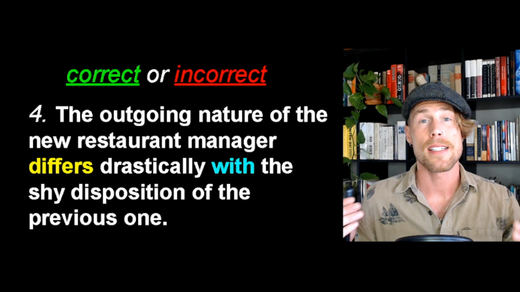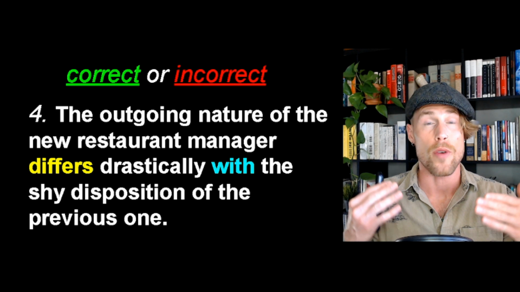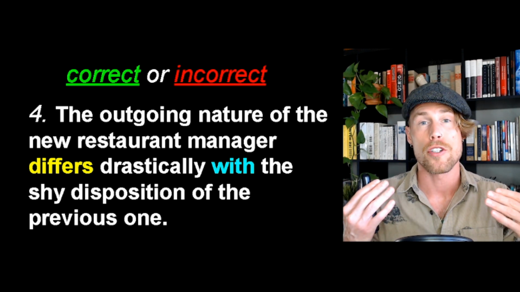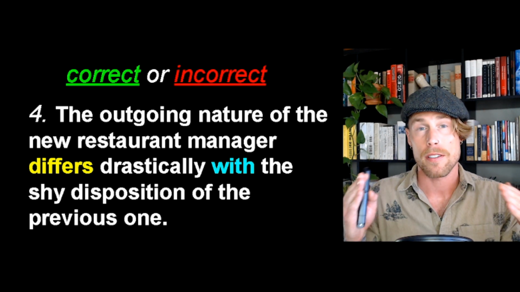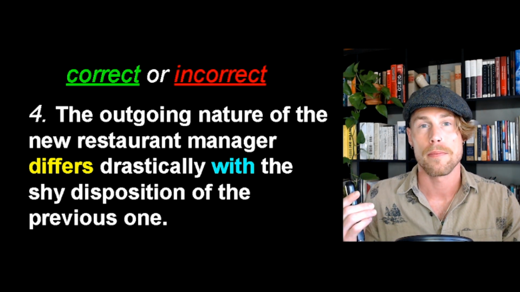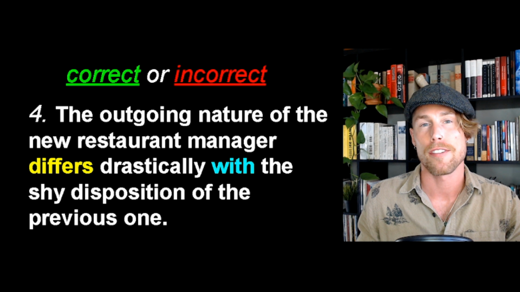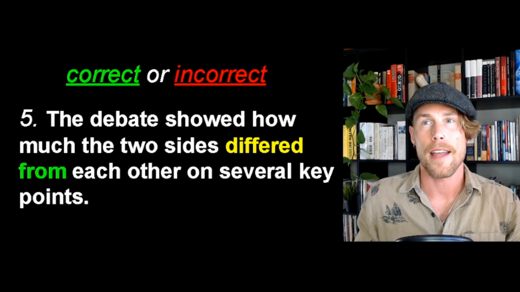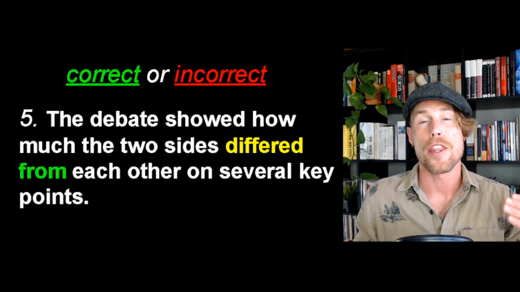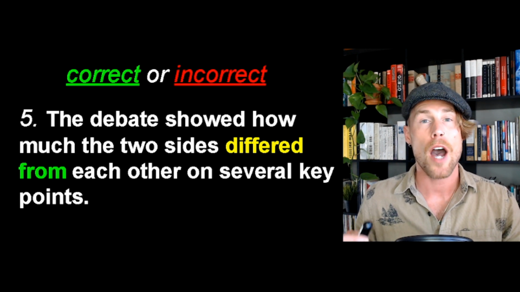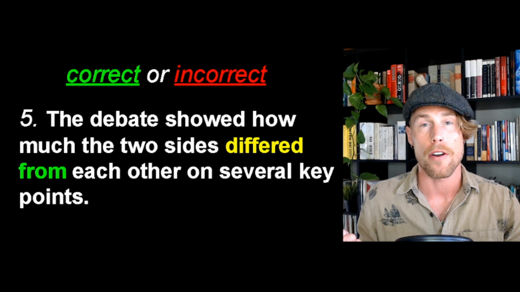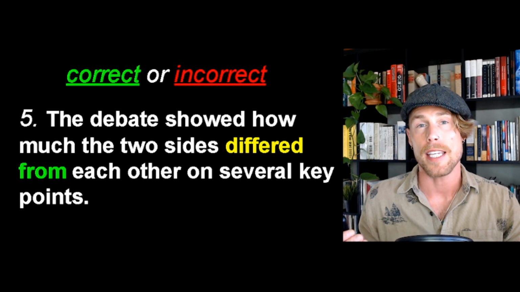Again, is this sentence about disagreement, or is this about the two managers being different from each other? What do you think? Correct or incorrect? And the last one, number 5, the debate showed how much the two sides differed from each other on several key points.